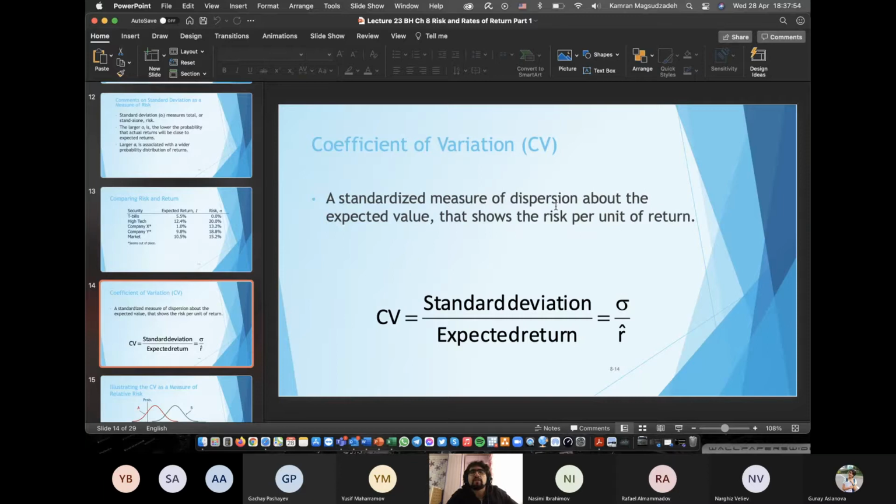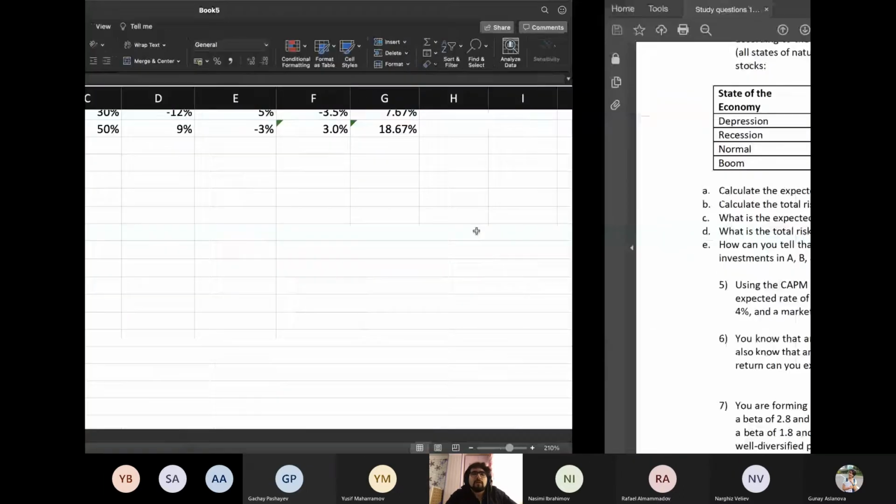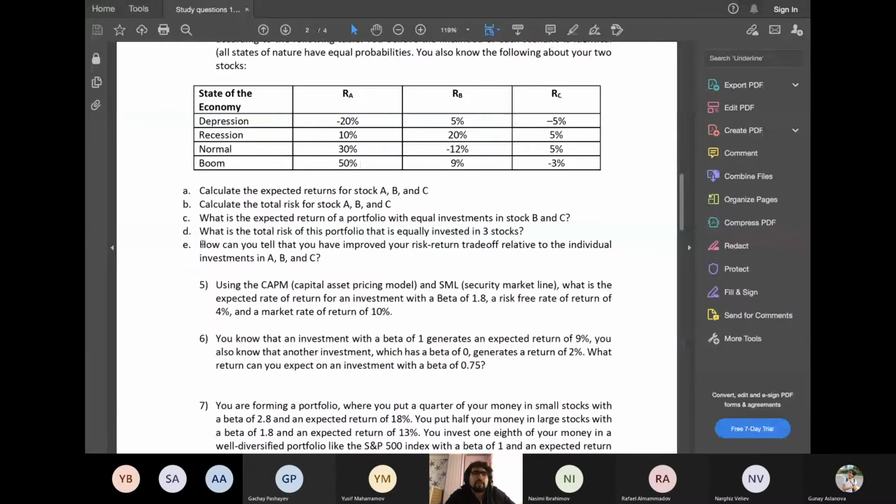It is a standardized measure of the dispersion about the expected value that shows the risk per unit of the return. So the question is actually asking for the coefficient of variation for individual investments and also for the portfolio investments.